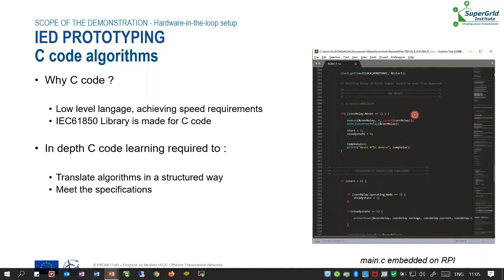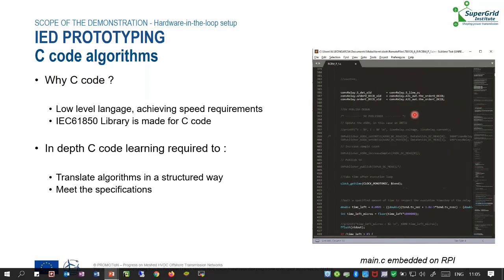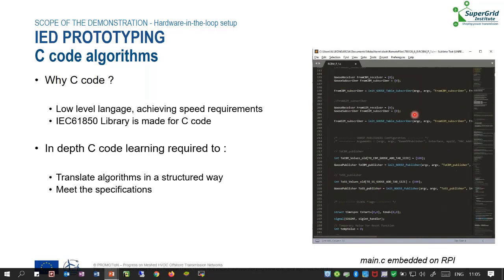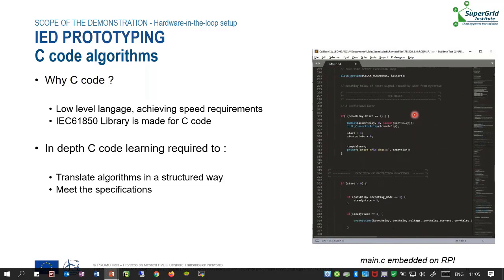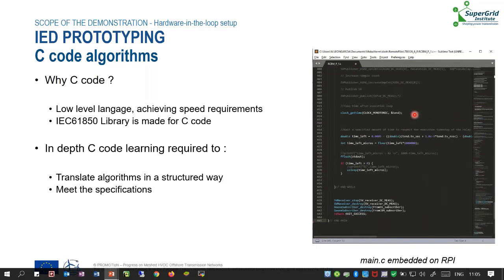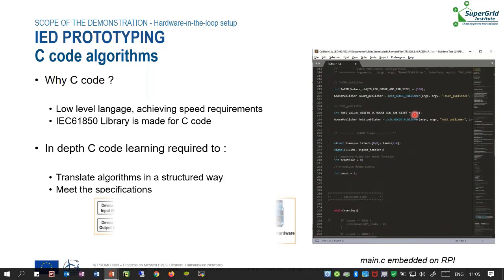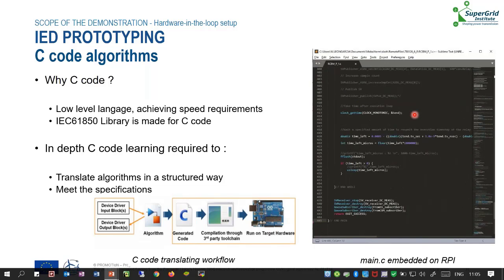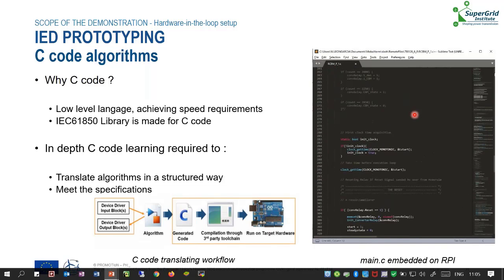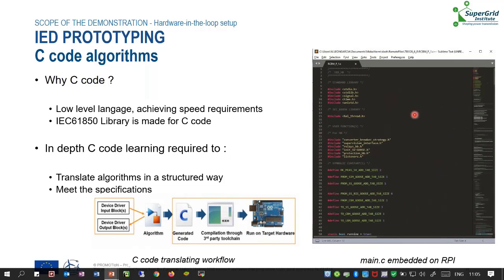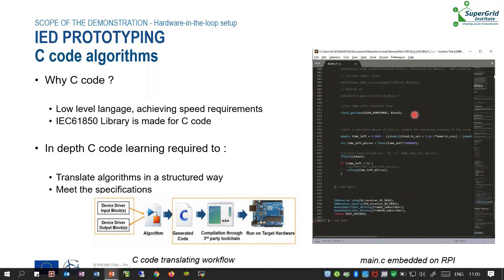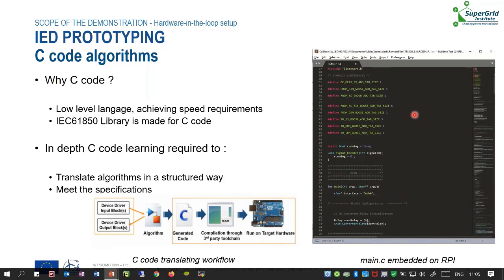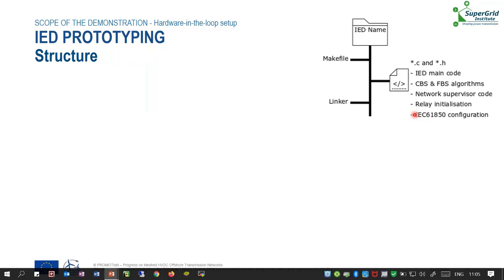So a deeper learning of C has been required to translate the algorithm in a structured way. We used, for example, multiple C and H files and structures, and of course, met the specifications. The advantage is that when C coding is well understood, it's way easier to translate pre-existing algorithms from other languages, or from Simulink, MATLAB, etc.